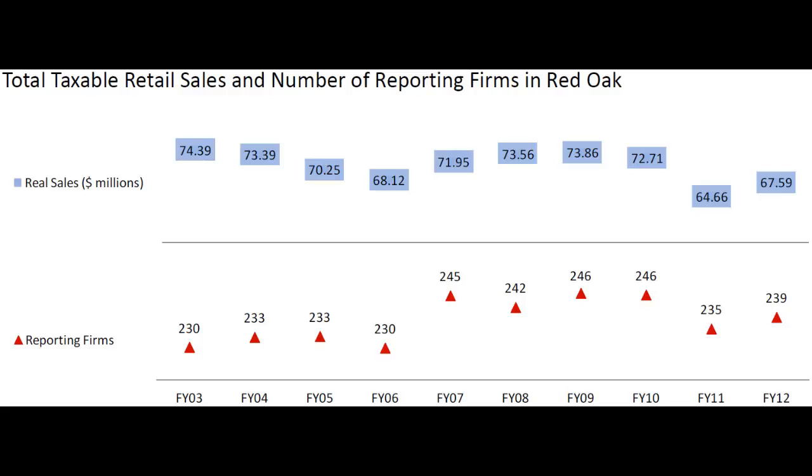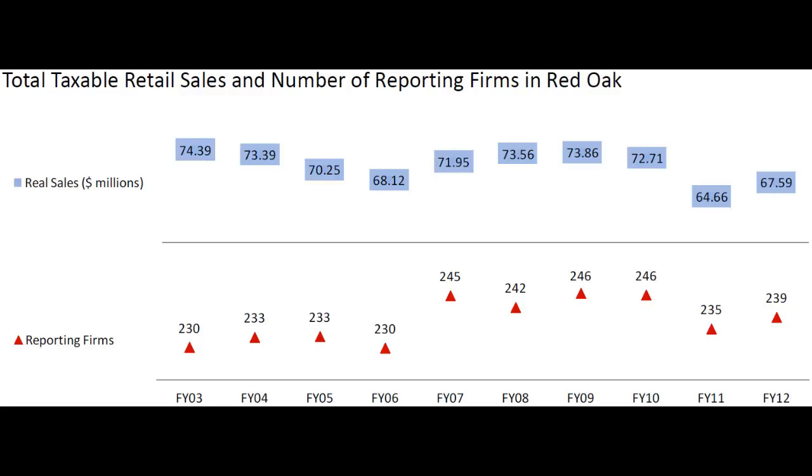Total taxable retail sales and number of reporting firms in Red Oak. The top blue box is real sales in millions of dollars. The red triangle at the bottom is actually the reporting firms making a report to the Iowa Department of Revenue. We can see at the top in fiscal year 2010, 72 million, then it drops off to 64 million, and then bounces back to 67 million in sales.